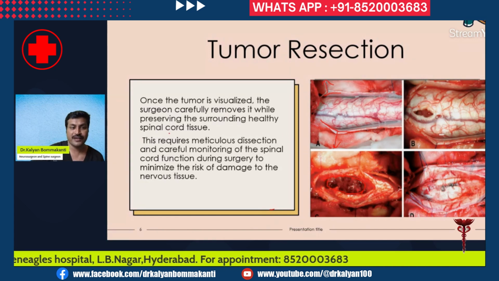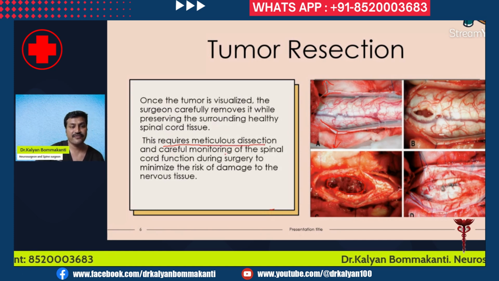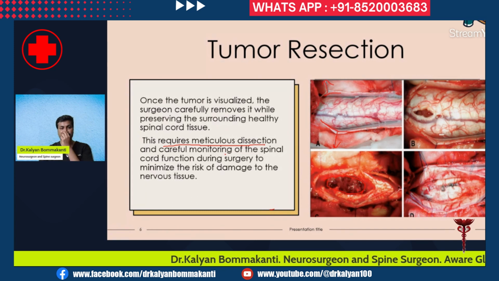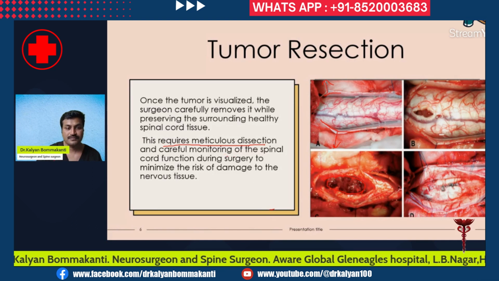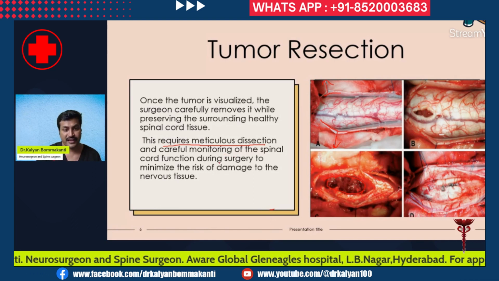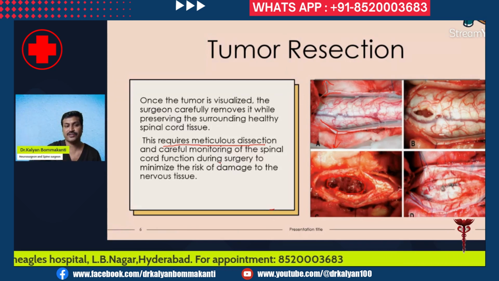The tumor removal requires meticulous dissection and careful monitoring of the spinal cord function, sometimes depending on the financial condition, the duration of surgery, and the protocol in your institute. This meticulous dissection minimizes the risk of damage to the spinal cord.